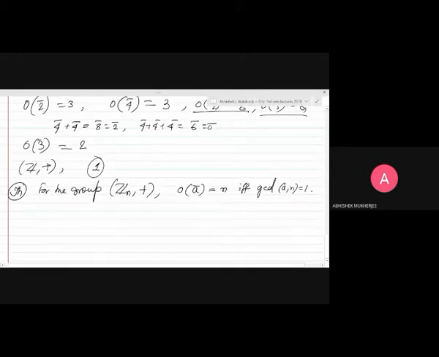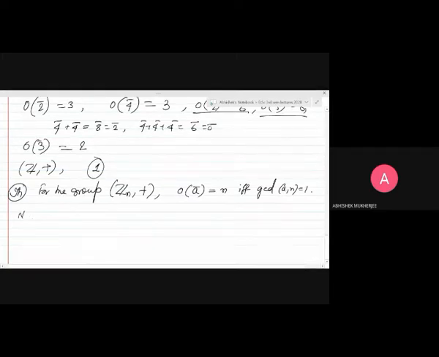Now, if the class of one element generates Zn, then it must be true that the order of that generator is equal to the order of the group, since that element generates the group.